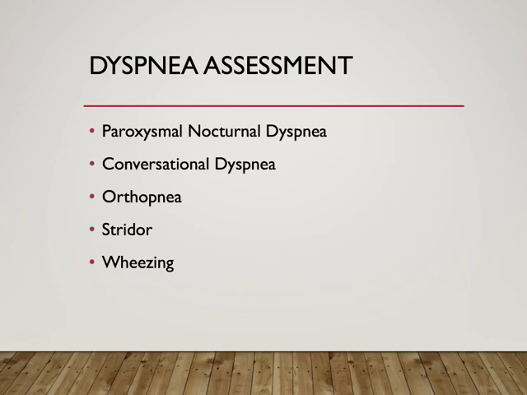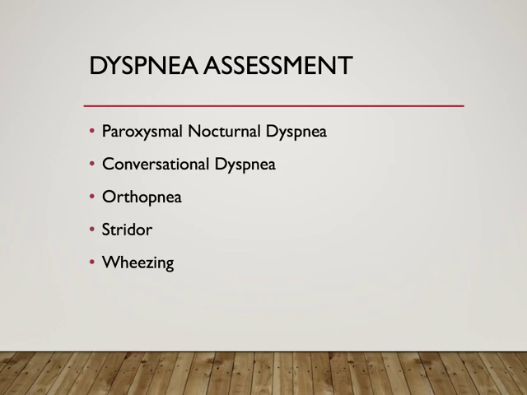It's in the middle of your sleep and you have a sudden awakening. Conversational dyspnea is the inability to speak complete sentences without stopping to breathe. Orthopnea: sometimes people get orthopnea and paroxysmal nocturnal dyspnea mixed up, but orthopnea is difficulty breathing when lying down.